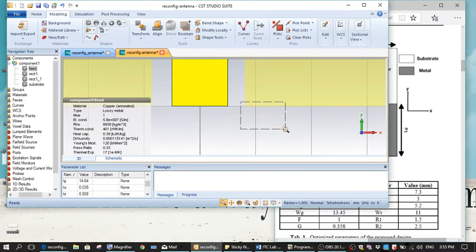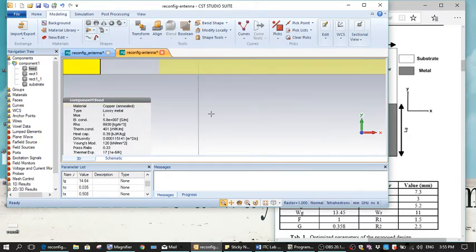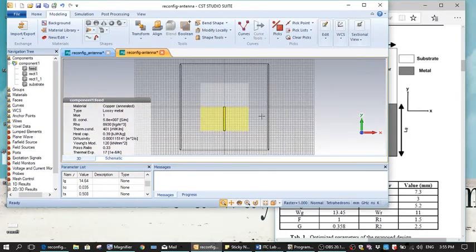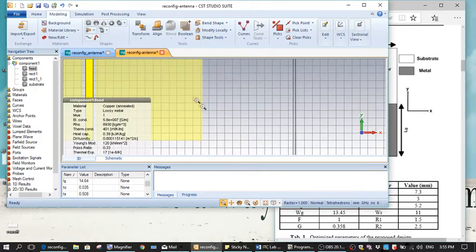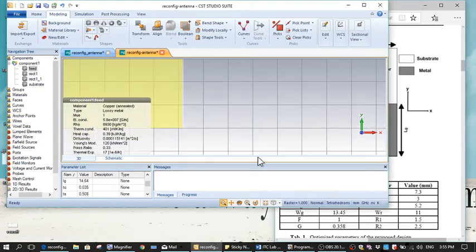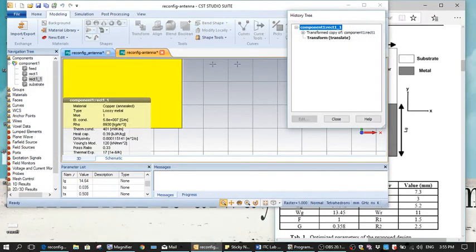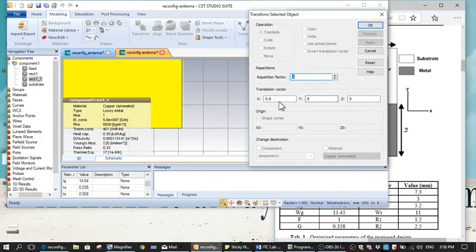Okay, press 5 and let's zoom it from here. So we need to adjust this so that it touches the boundary. So let's translate it a little bit towards the positive x.